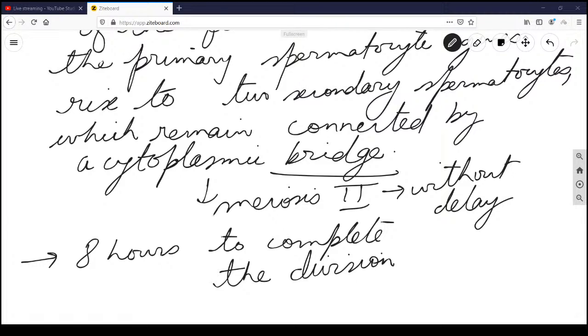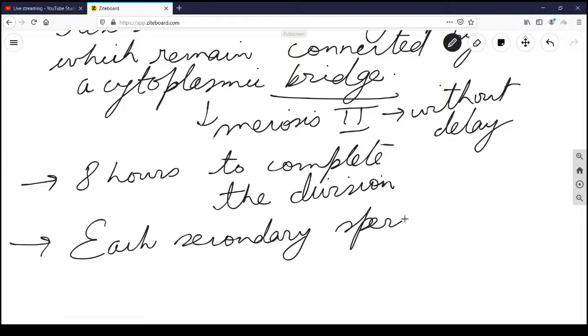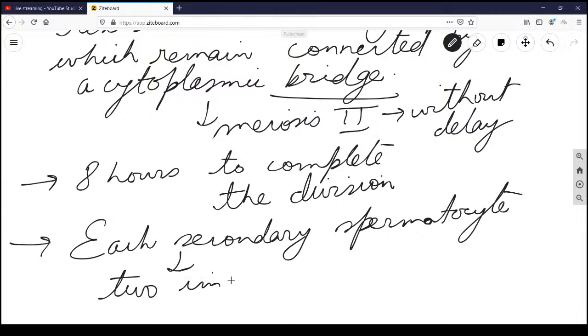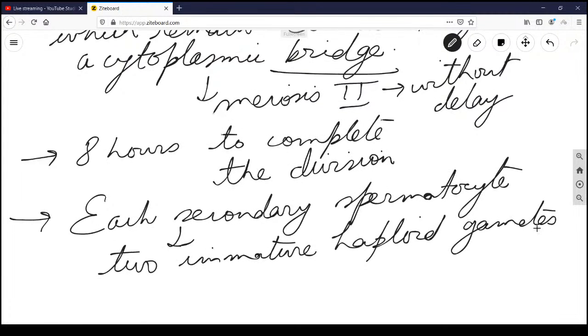Now each secondary spermatocyte would produce two immature haploid gametes, which are known as spermatids, after the completion of meiosis 2.